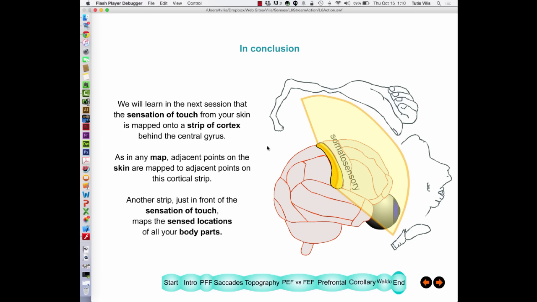There's one strip that codes all the touch information coming from your body, and another strip just in front of it which codes the activity coming from the muscles and joints underneath your skin and telling you where all these body parts are located.